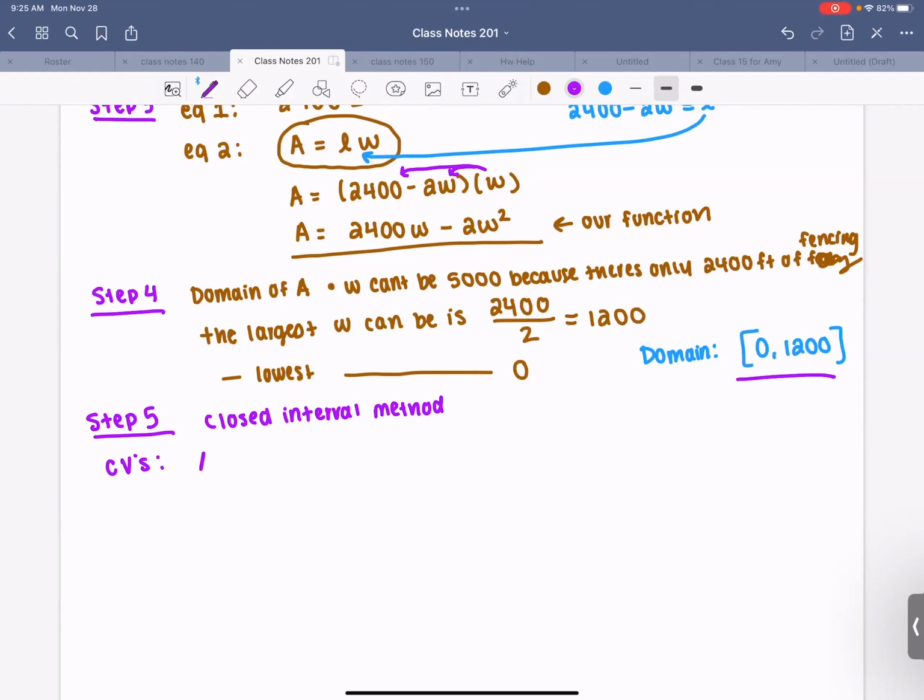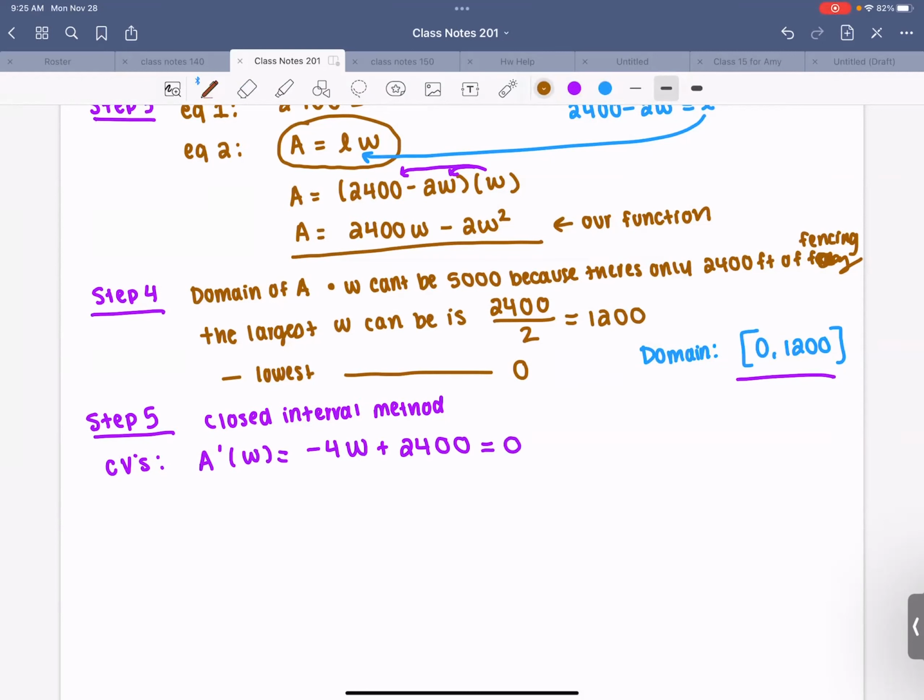So first let's find the first derivative. It's a function of W this time, so I want to find A prime. What is my first derivative? Yep, negative 4W plus 2400. All we have to do is set that equal to 0.